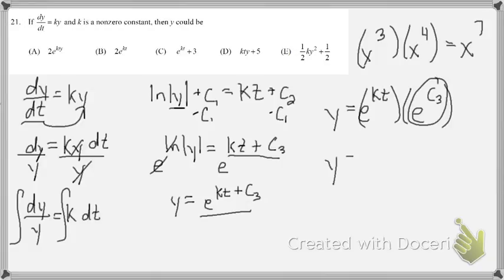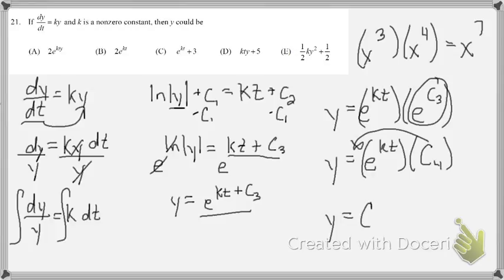So that means we're going to have our e to the kt times our c sub 4, our fourth constant. Now rearranging this to look like something we've worked with in the past: y equals, move the constant in front of the e. We're going to have c e to the kt. We have solved for y now. We have y all by itself in its simplest form for the most part.